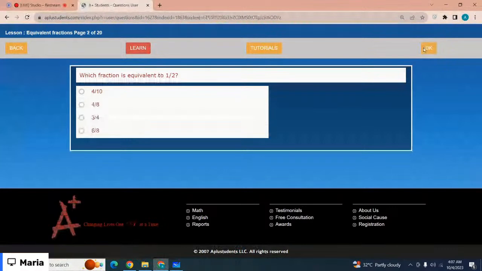What fraction is equivalent to 1 over 2? Which is the correct option? 4 by 10, 4 by 8, 3 by 4, or 6 by 8? Think and then answer. Both numerator and denominator must be multiplied by the same number.